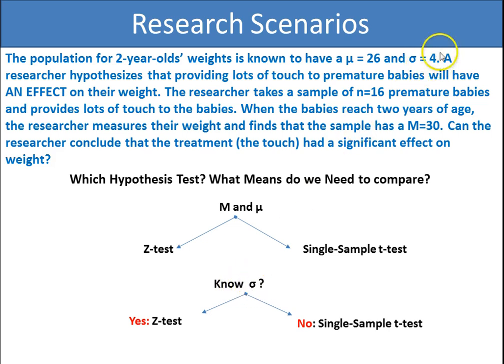And the answer is yes, we do know it. It's given and provided right here in the scenario. So if the answer is yes, then we'll do the z-test. If we did not know the population standard deviation, if the answer were no, then we would do the single sample t-test. So clearly, or maybe not so clearly, but from the scenario, we should be able to know with some practice that we will need to run a z-test, which is the test that we focus on in this unit.